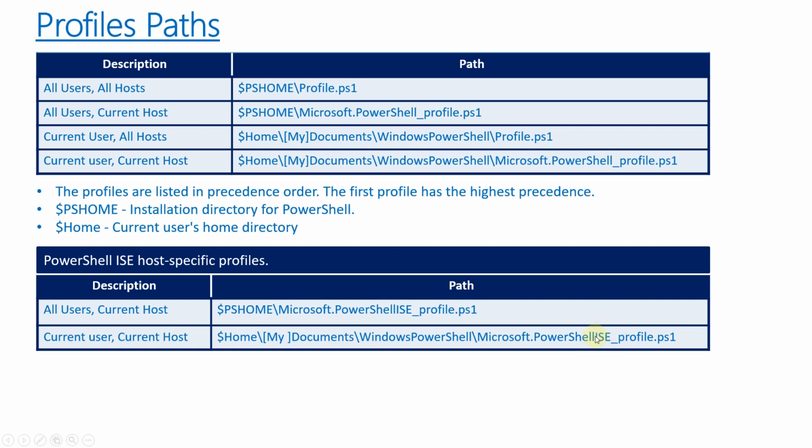And likewise, if it is used for all users and current host, it will be created under the PS home directory, and the file name will be Microsoft.PowerShellISE_profile.ps1. Here you can see we had only Microsoft.PowerShell_profile.ps1, and again ISE has been added to this.